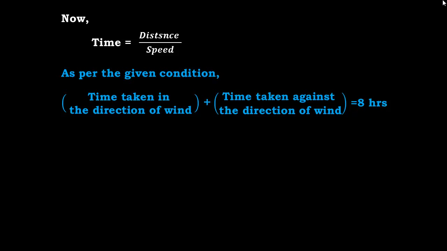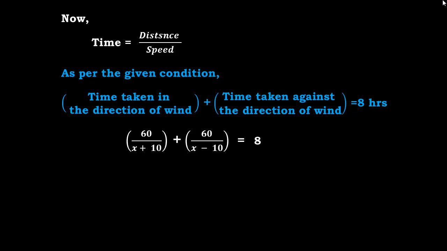So time taken in the direction of the wind will become 60 upon x plus 10, and time taken against the direction of the wind is 60 upon x minus 10, equal to 8.